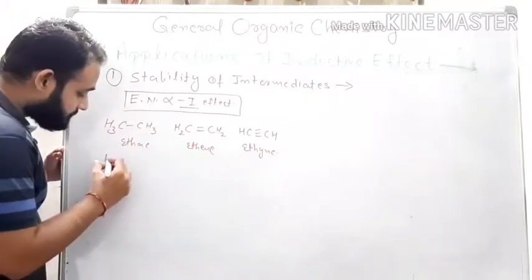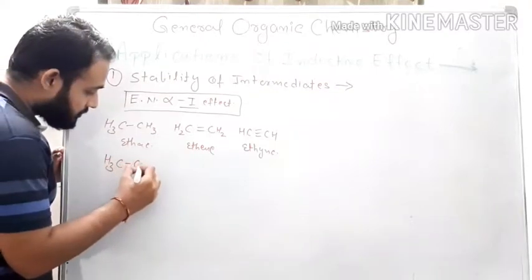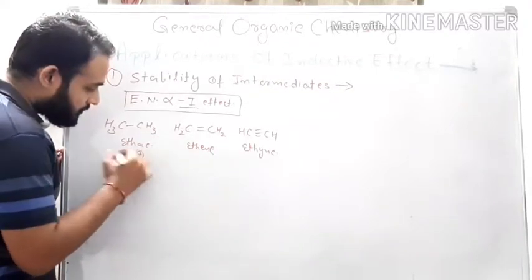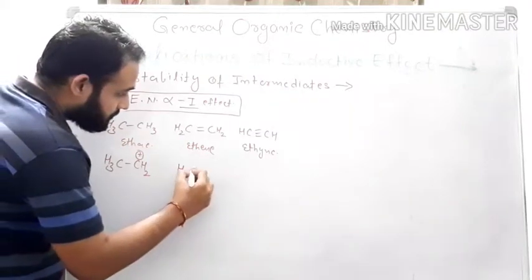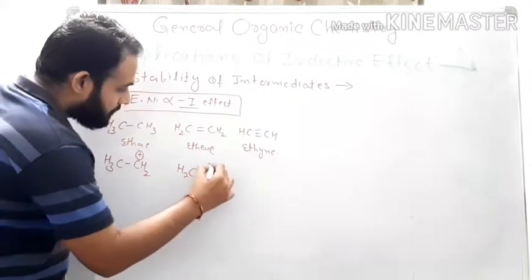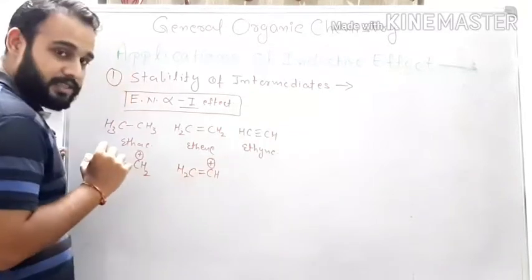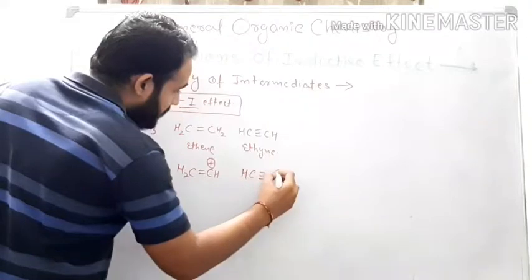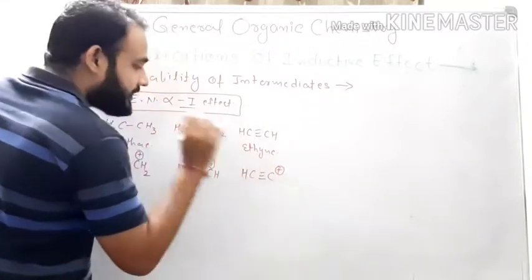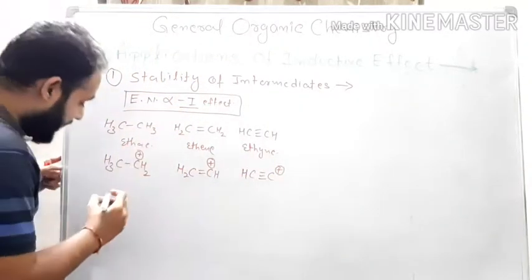See how? We have CH3 CH2 plus cation, we have CH2 CH plus cation, and we have HCC plus cation, and also we have anions.